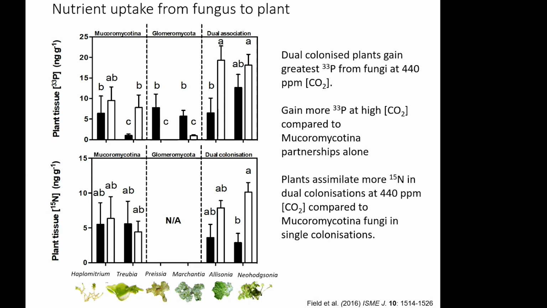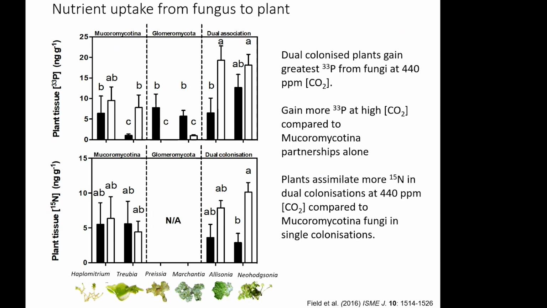The second thing that was really interesting was that it was much less CO2 responsive than the arbuscular symbiosis. But the most exciting thing, certainly for phosphorus, was that under the lower CO2, so modern day conditions, the plants were benefiting from those symbionts much more than from either of the single ones.